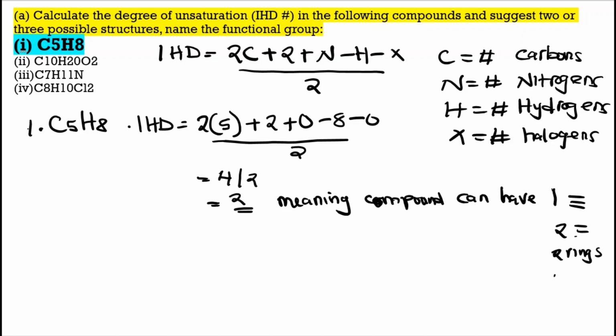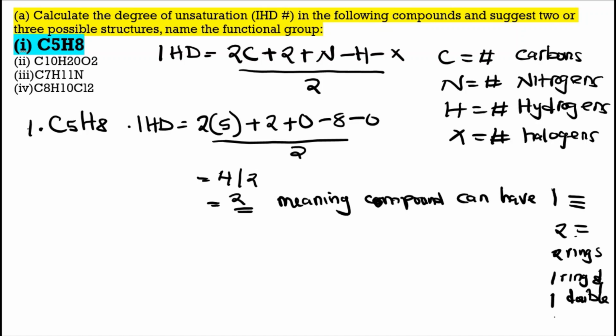So the degree of unsaturation of 2 can mean that this compound has a triple bond, 2 double bonds, 2 rings, or 1 ring and 1 double bond.